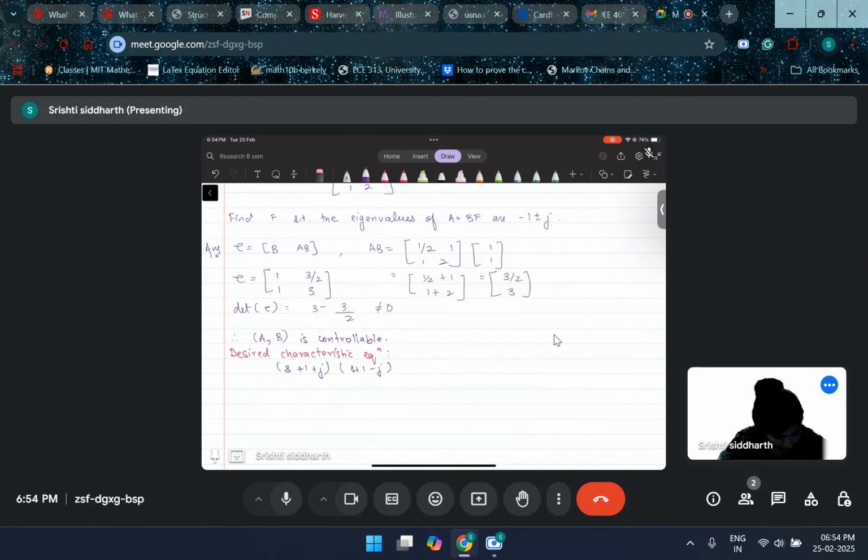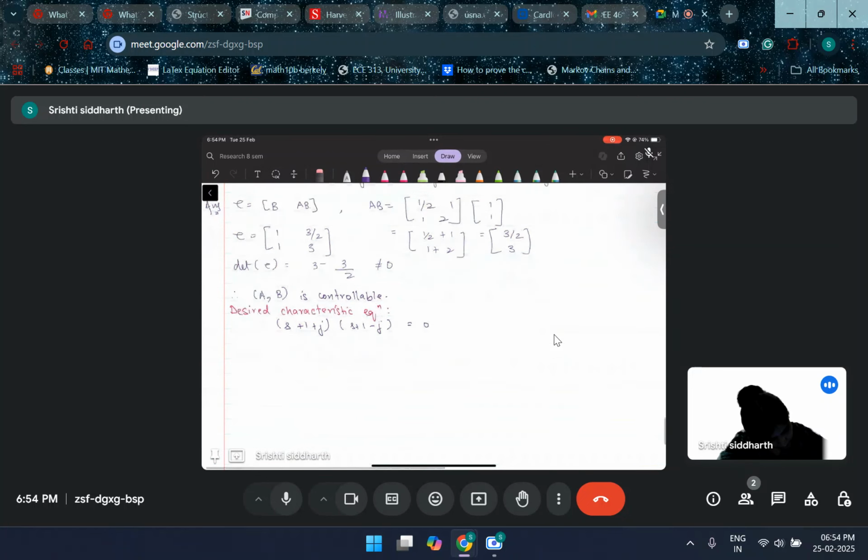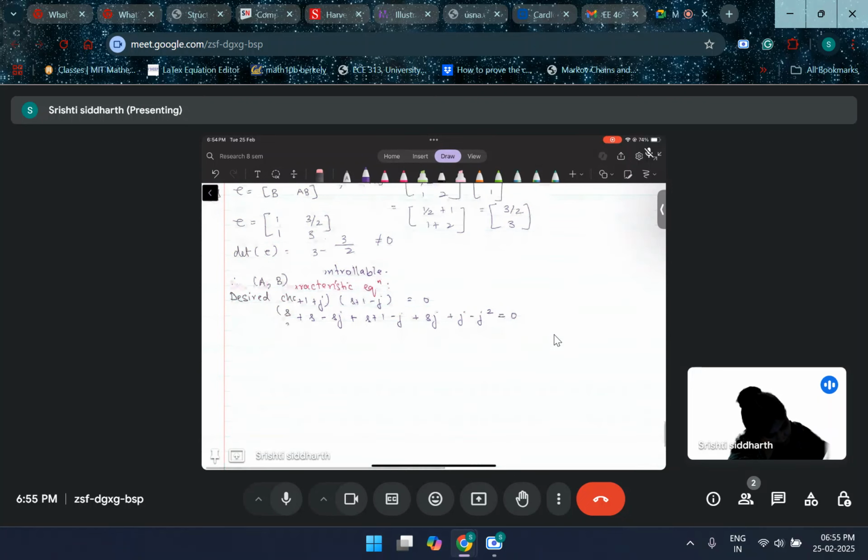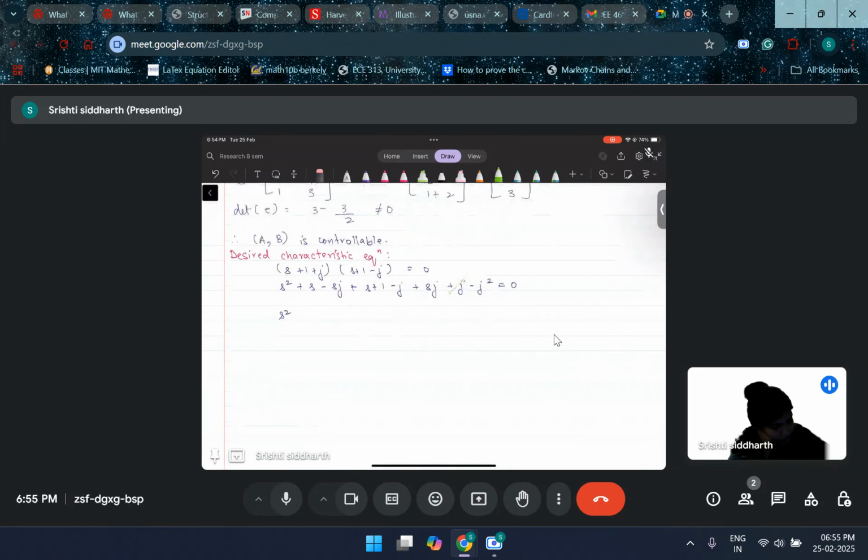So this is simply s square plus s minus sj plus s plus 1 minus j equals 0. This is s square; the terms cancel out. We have plus 2s plus 1 and then plus 1. That characteristic equation is s square plus 2s plus 2 should be equal to 0.